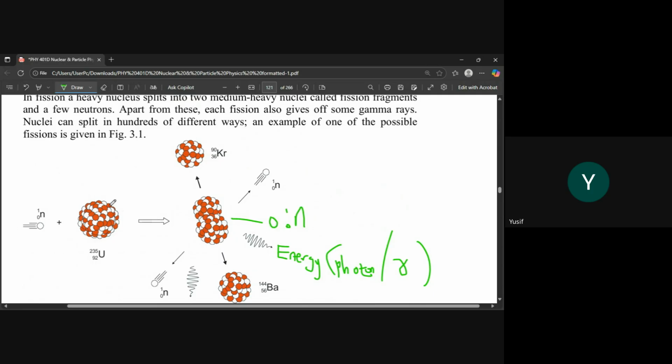So if you have a reactor like this, there's no need for you to supply many neutrons. The byproduct is also supplying neutrons, which, if you subject them to another uranium isotope, means it can also undergo reaction. So for example, as much as we are producing this, we can also introduce another uranium-235 here. Okay.